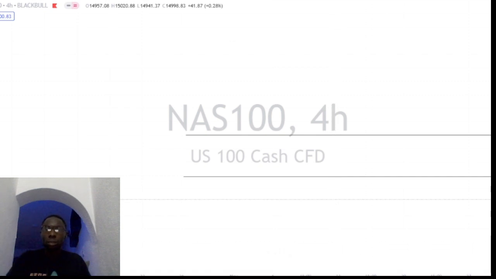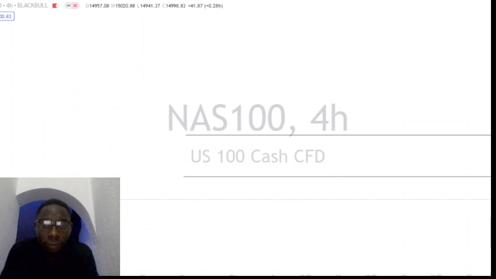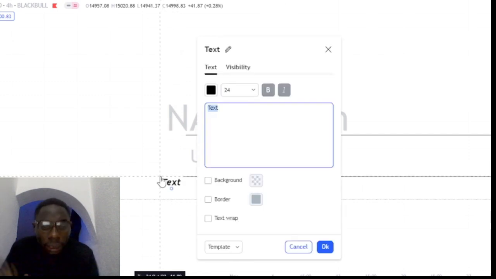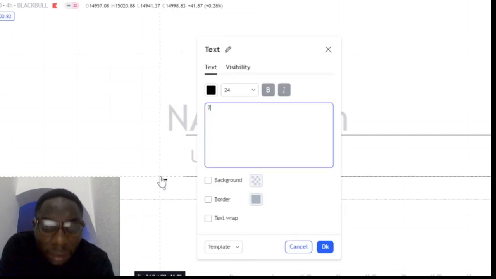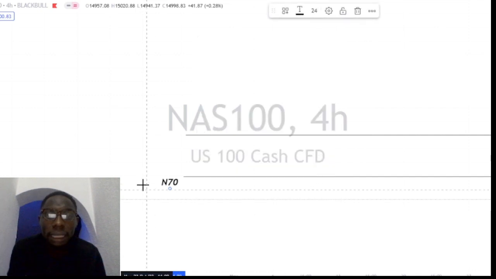So let me quickly write the next day now. Let's look at what happened the next day. This is 17 naira, like we said. Price is now trading at 17 naira.